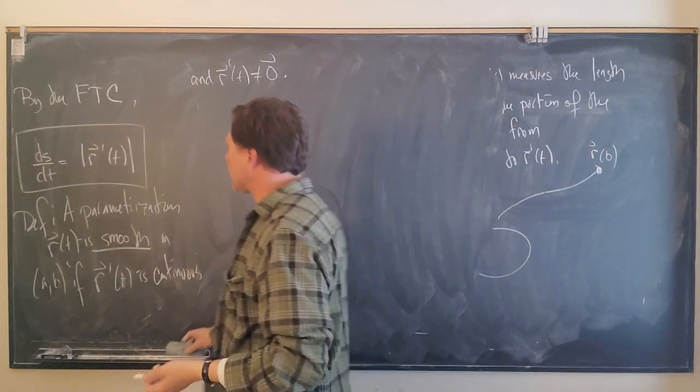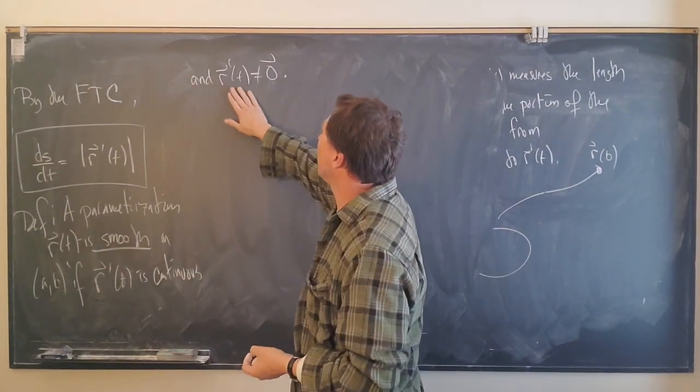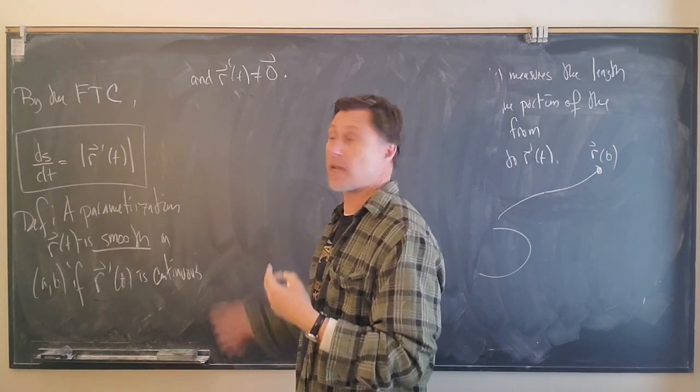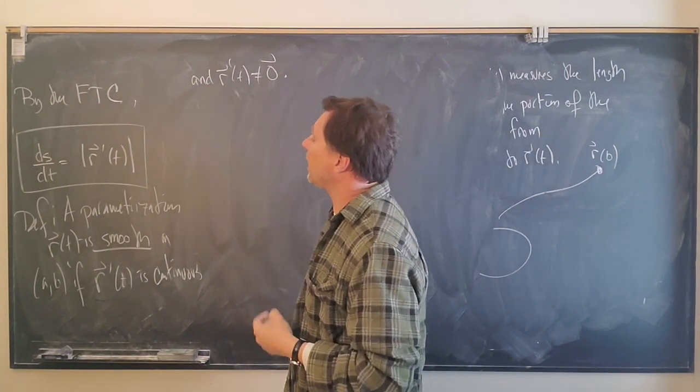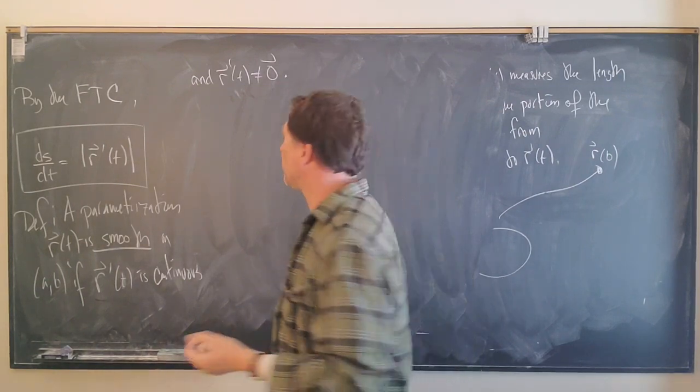In this case, we call it a smooth parameterization. We need this derivative function to be continuous and the derivative never equal to 0. And in this case, it's the 0 vector. If a curve has a smooth parameterization, then we say that the curve is smooth.